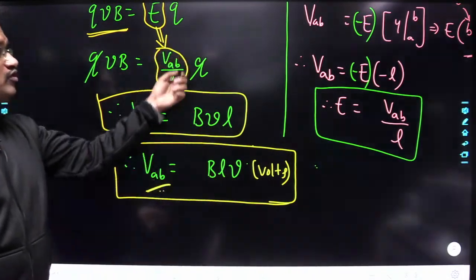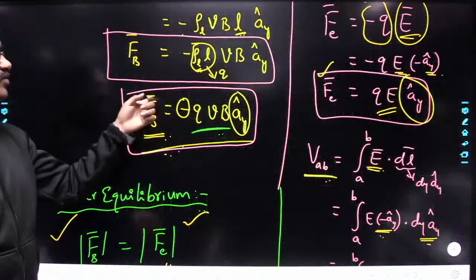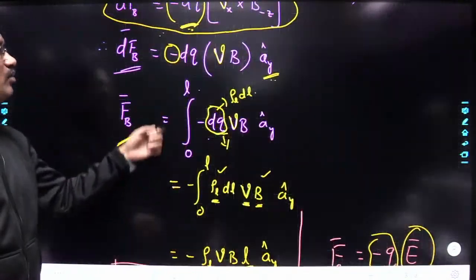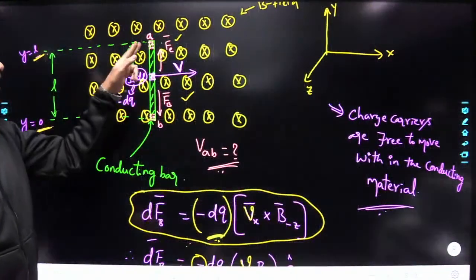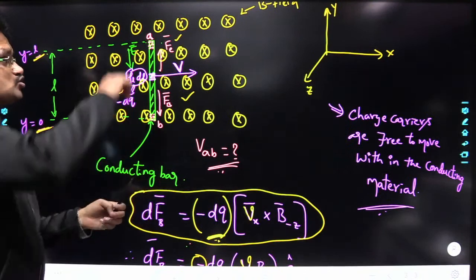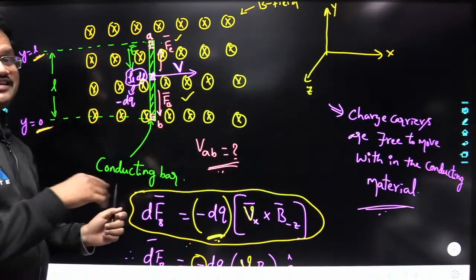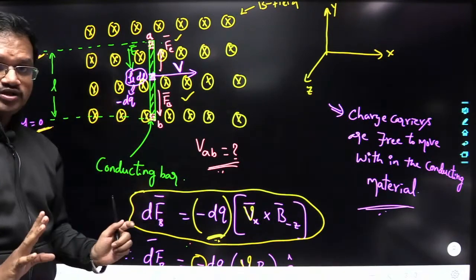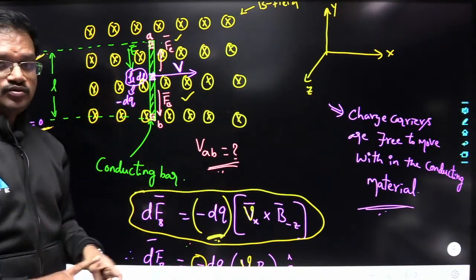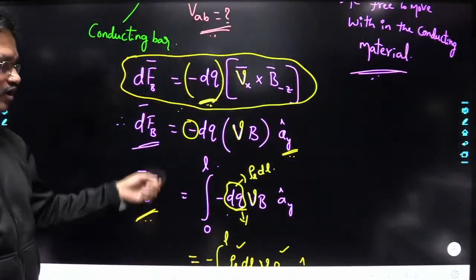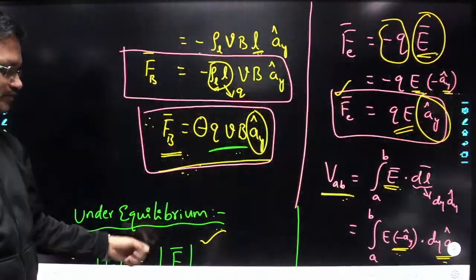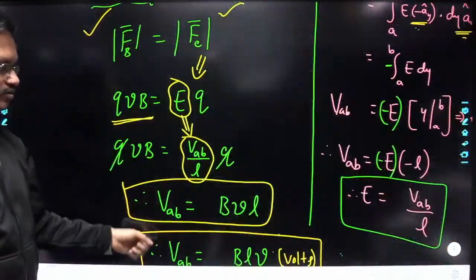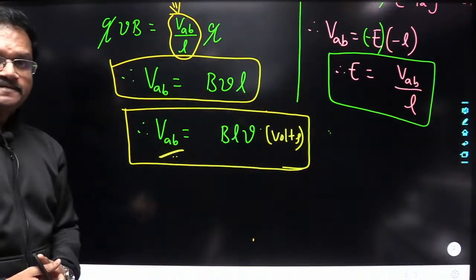Yes or no? If you observe here, the same thing we got: at the top we have positive charge and at the bottom negative charge. So VAB is positive. It is at higher potential and it is at lower potential, so VAB must be positive. That's what we got here, VAB as some positive value.